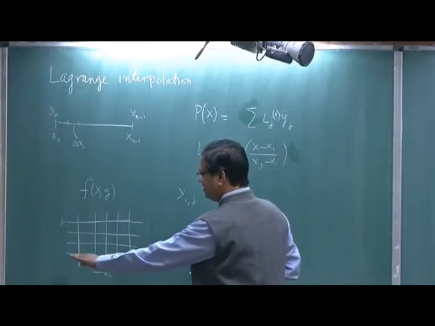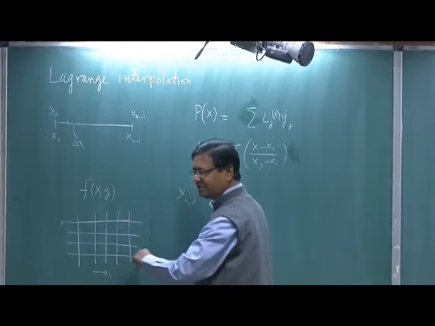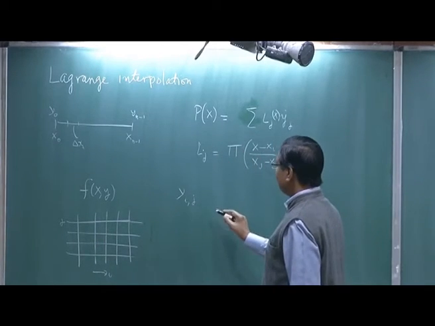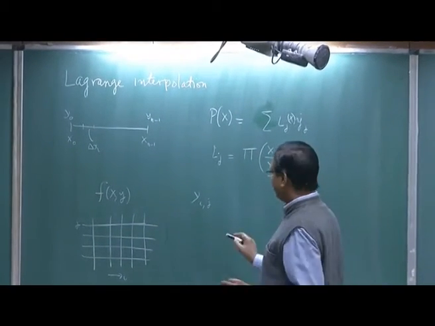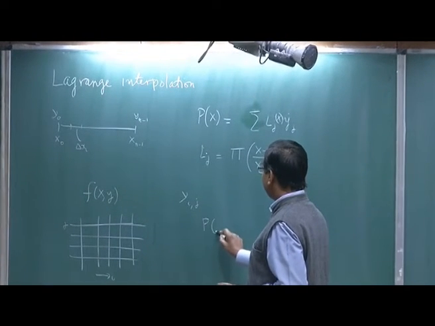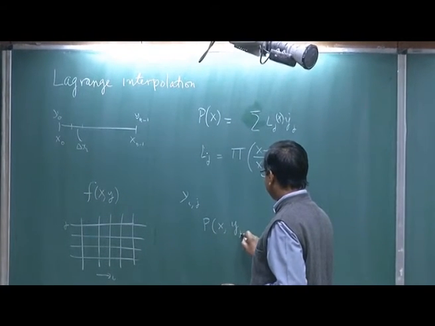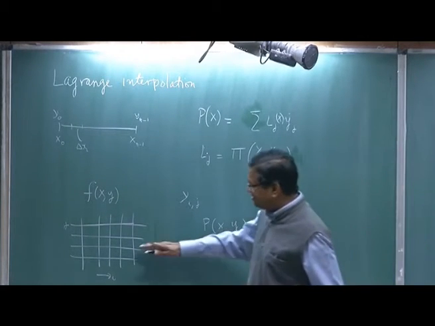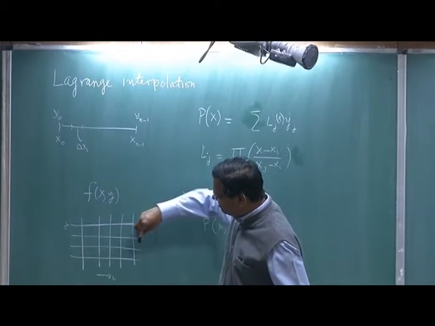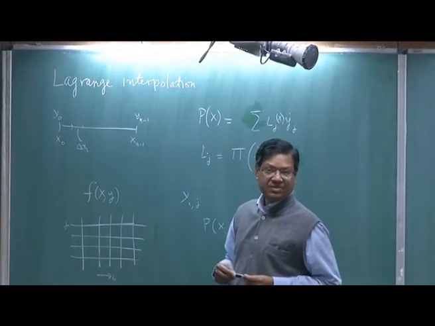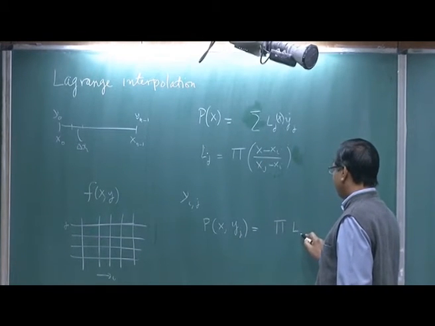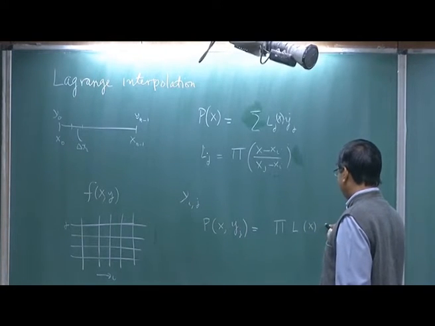So for a given j, in this direction, I can do interpolation. So let's first fix j. So my polynomial p of x, I'm going to put that i here in a minute.